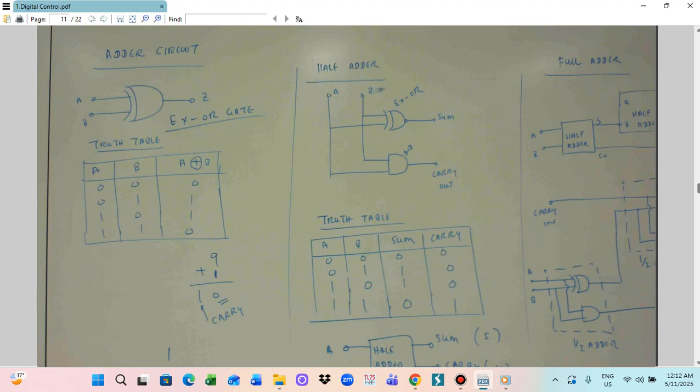The XOR function is: A0 B0 gives Z0, A1 B0 gives Z1, A0 B1 gives Z1, but A1 B1 gives Z0. This is similar to the carry function, where the one is carried somewhere. Based on this principle, we utilize the XOR gate to construct the adder circuit.